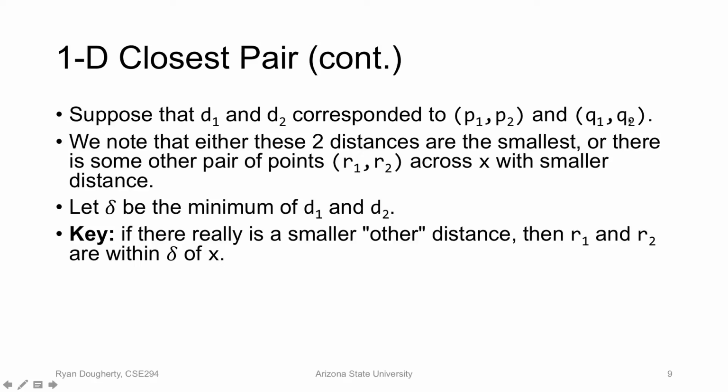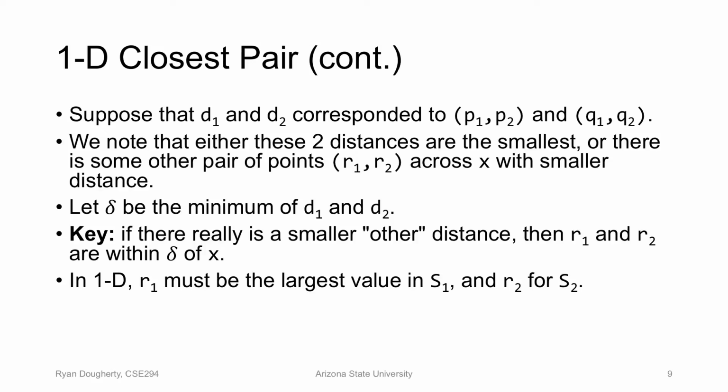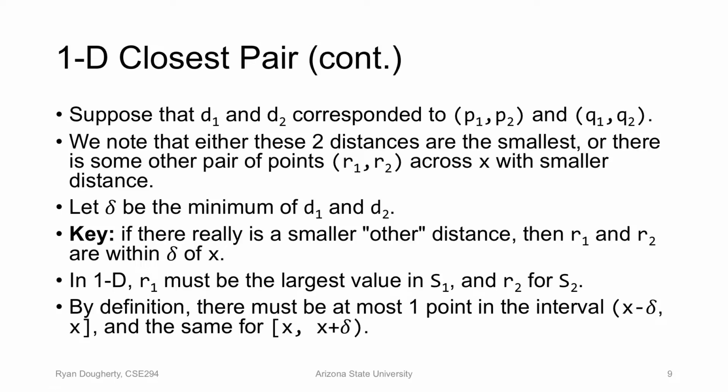So they have to be within delta of this middle figure. And in one dimension, R1 must be the largest value in S1, because if there was someone closer to x, then there must have been a shorter distance. And R2 must be the least, the closest one to x in S2.